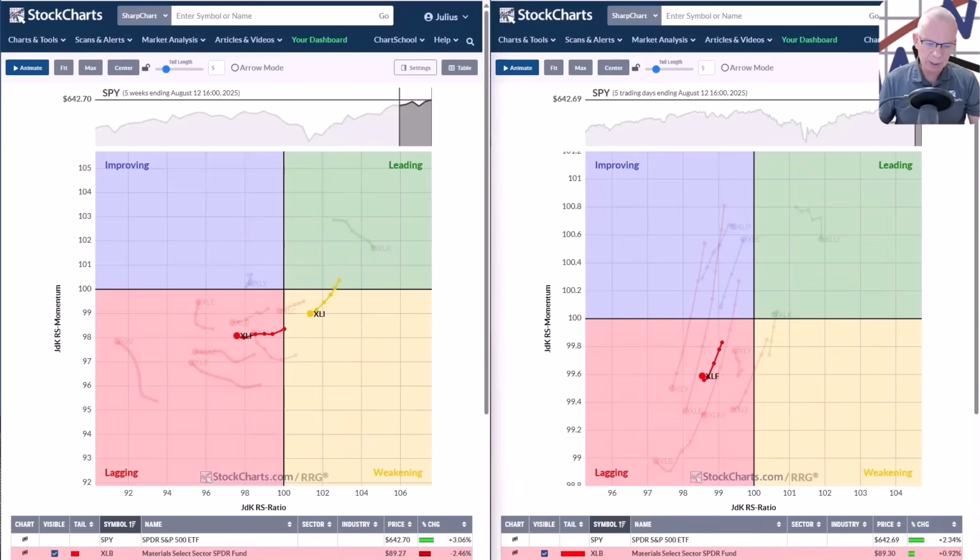We go to industrials, and that's an interesting one because it is listed as one of the top 5. And the reason is, if you just look at this, this is the weekly tail and this is the daily tail. Look at how much is on the left-hand side, both on the weekly and on the daily. So it's all relative.